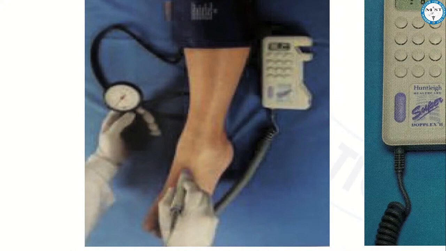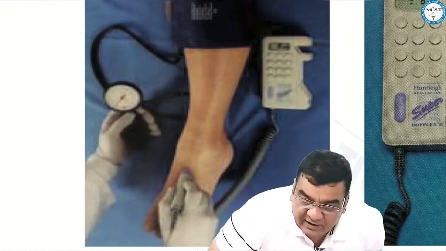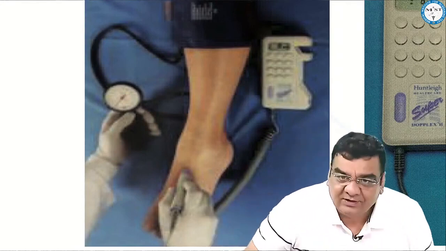So the answer here was you are monitoring the pressure, right? Fine. So I hope, beta, you would be able to identify that this instrument is actually used for measuring the pressure. Just by ankle brachial pressure index, we can come to know what is the severity of obstruction, right?